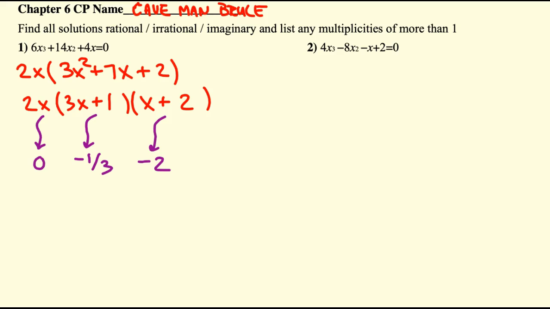But number two, we have a cubic 4-term polynomial. So I'm just looking to see, this one might group. So I'm going to try to group this. And I believe it does group. So we factor out from the first grouping a 4x squared. And what's left is x minus 2.